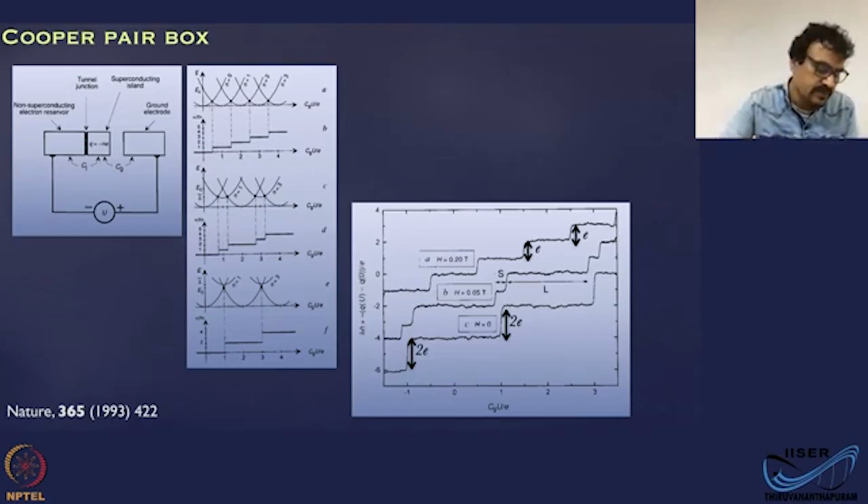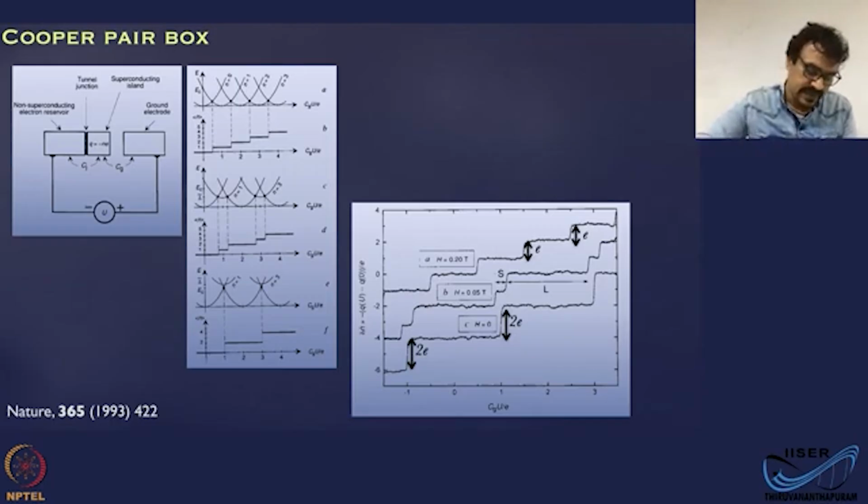So you can bring this island from 2 electrons at a time to 1 electron at a time, by varying the magnetic field, and that's what this experiment was.